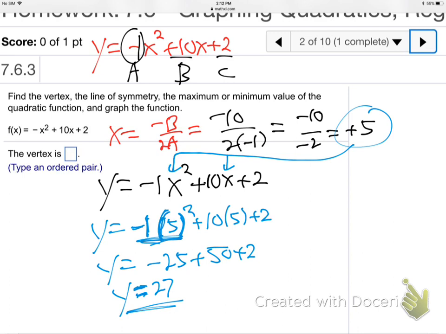So the vertex, the center of the U-shape, is 5, 27. That's the x and the y. 5, 27. We good? So can you graph it now and answer the other questions? Is that making sense? Questions I can help with?